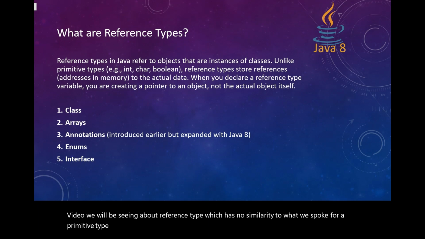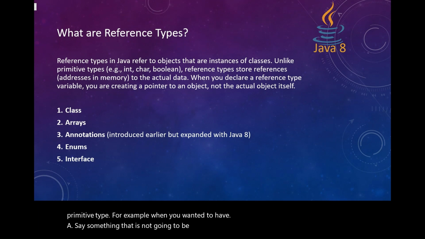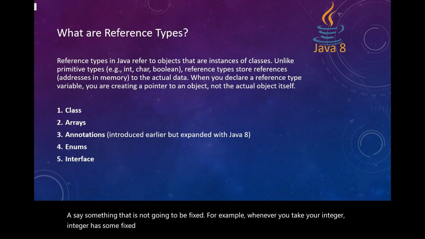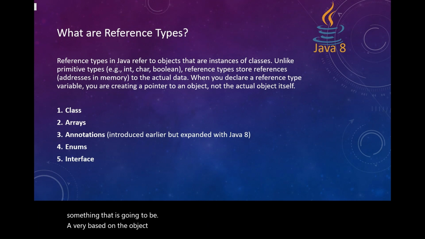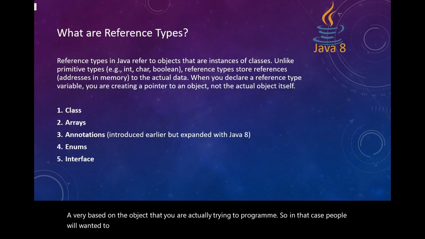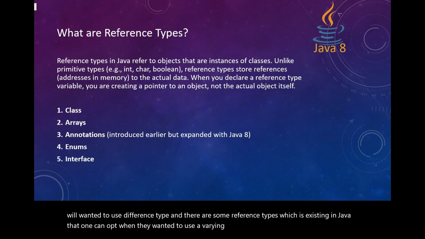For example, whenever you take an integer, it has a fixed size, but then you may want something that is not fixed, something that varies based on the object that you are trying to program. In that case, people wanted to use reference types. And there are some reference types existing in Java that one can opt for when they want to use a varying size data type.